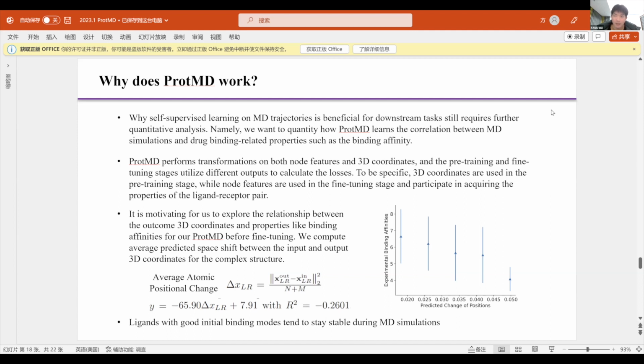This accords with the biological and chemical findings, because ligands with good initial binding modes tend to stay stable during MD simulations. So this probe shows that our model, ProtMD, correctly learns the correlations between MD simulation and drug binding related properties.